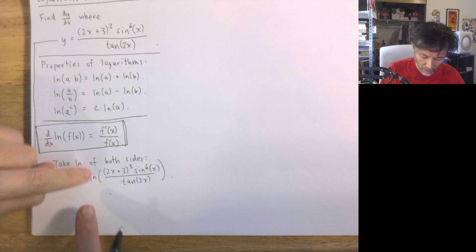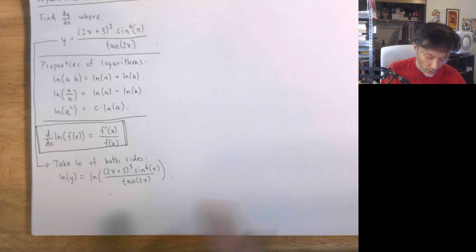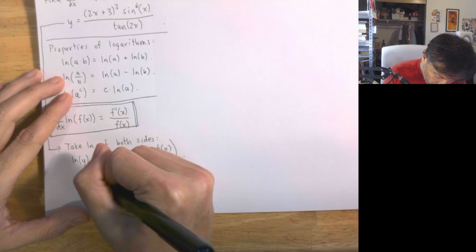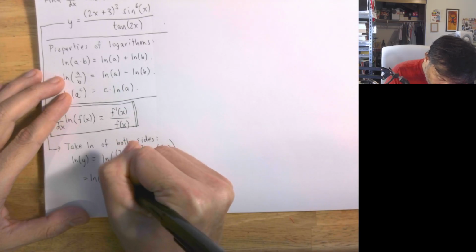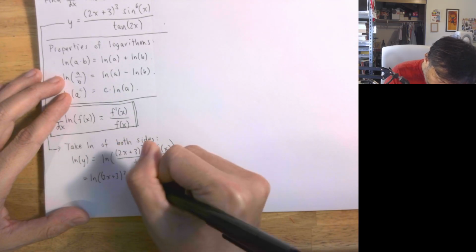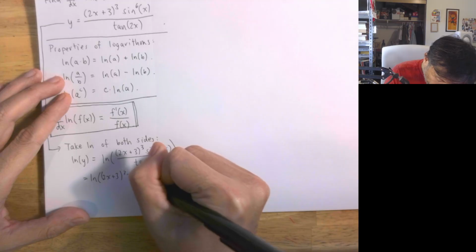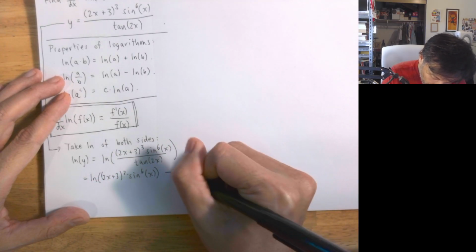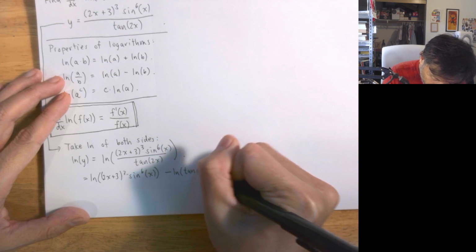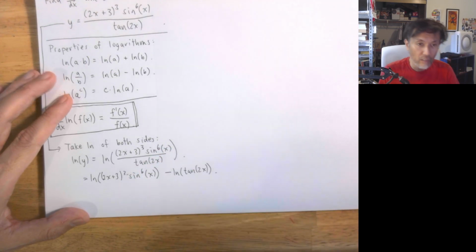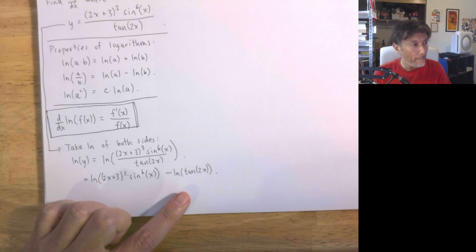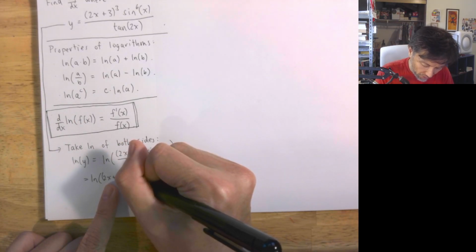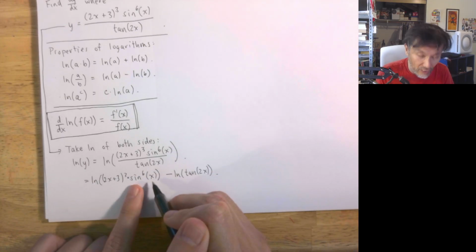First thing to notice is that we have the log of a quotient, so that's the difference of logs. So this is the same thing as natural log of (2x plus 3) cubed times sine to the 6th of x, minus the natural log of tangent 2x. Is that comfy? And then we can break up this product. This is a product of this cube bit and this sine bit.